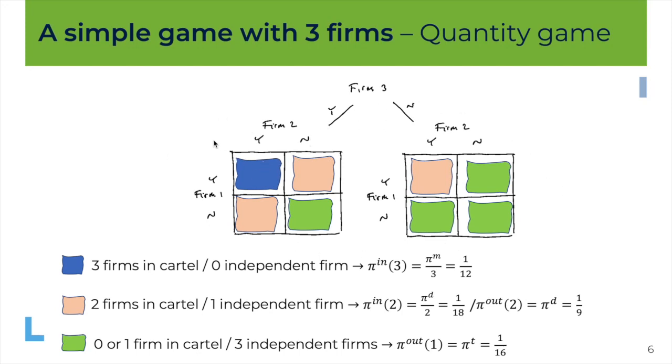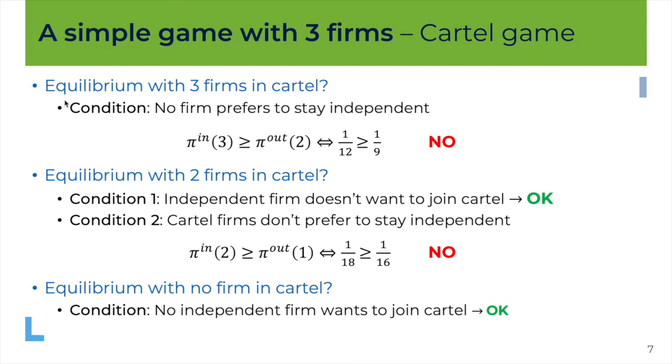And we want to know what one firm is willing to do depending on the choices of the other two firms. Okay, so first question we ask, is it possible that the three firms will say yes in the first stage, meaning that there are three firms in the cartel? Well, each of them has to ask itself the following question. Given that the other two firms have said yes, do I want to say yes myself or not?